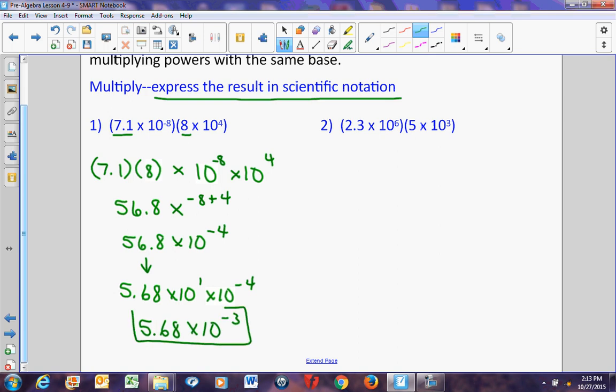And we're done because now it's in scientific notation. So you multiply the regular numbers, you add the exponents of the powers of 10, and if it's not in scientific notation, you convert the whole thing back to scientific notation.